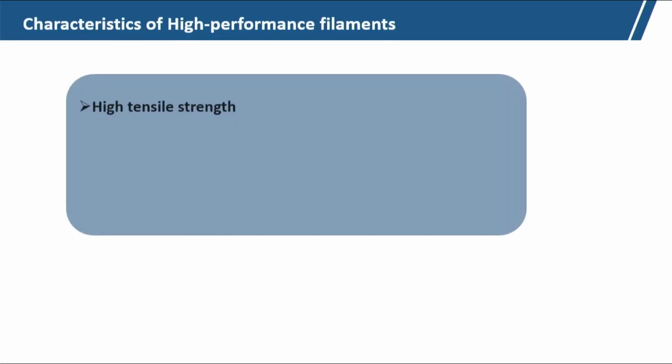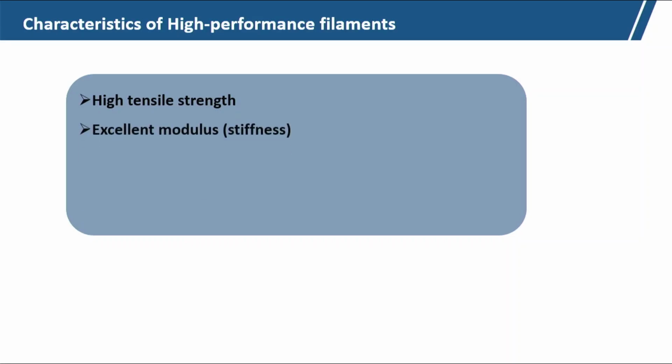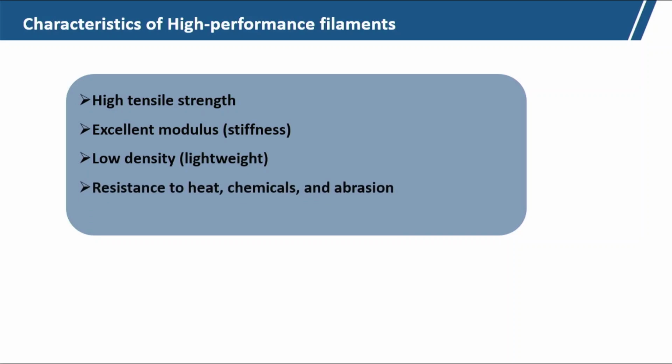What are the characteristics here? It has high tensile strength, excellent modulus, very high stiffness, low density, resistance to heat, chemical and abrasion, and long term durability. Due to its long filament structure, durability is high.